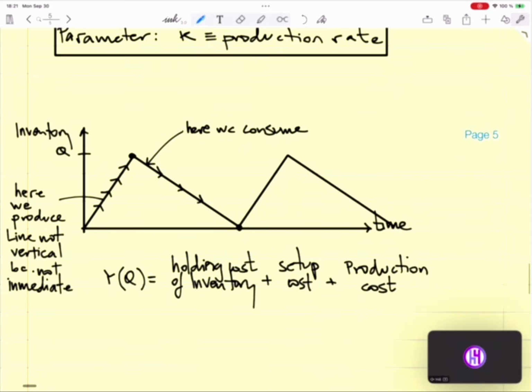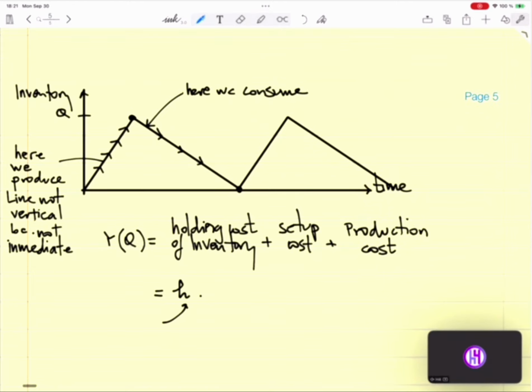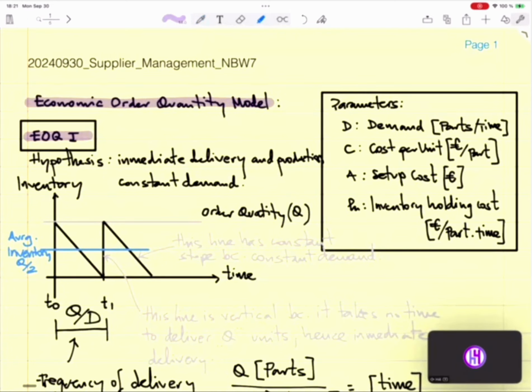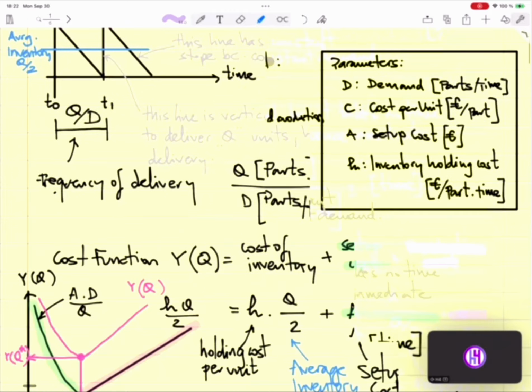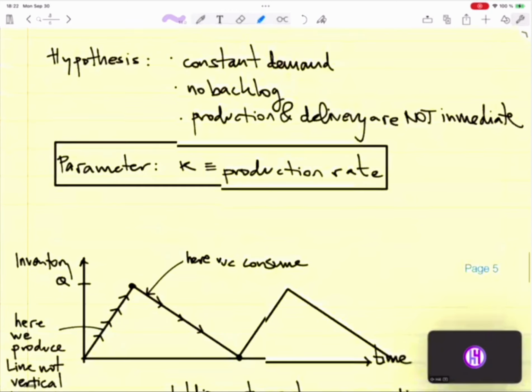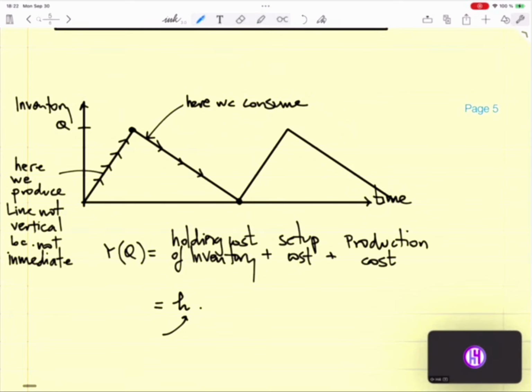So the holding cost of inventory is H. What was H? It was the inventory holding cost. Okay, so euros per part per time.